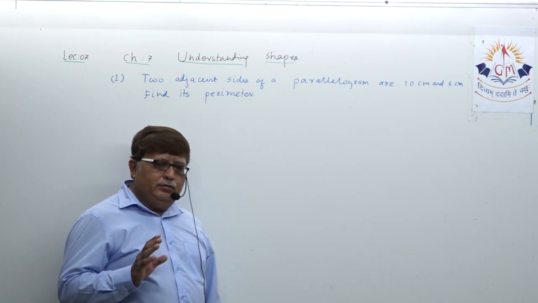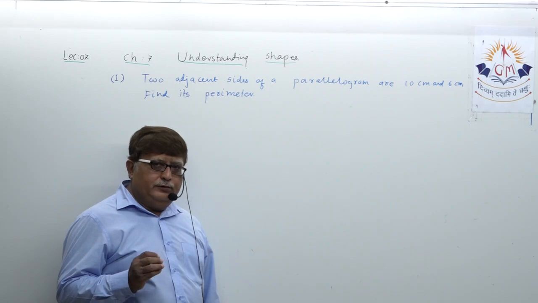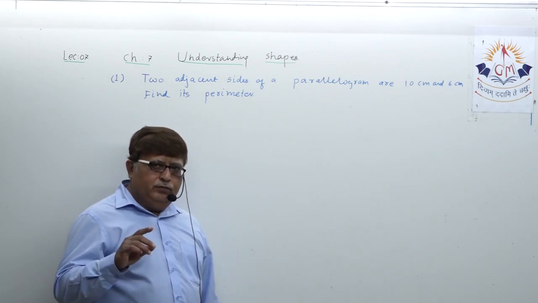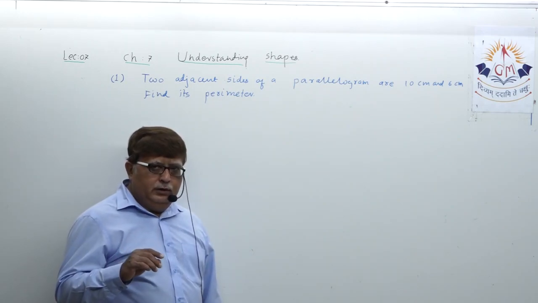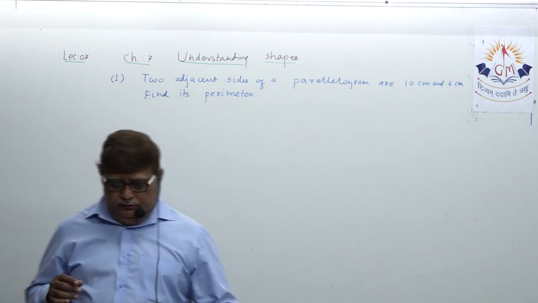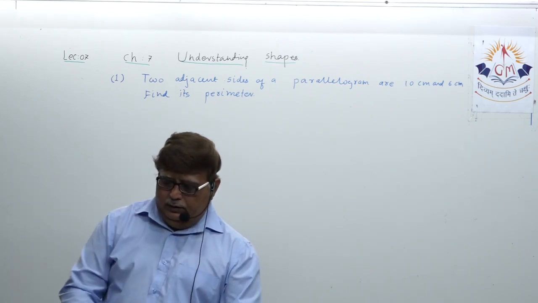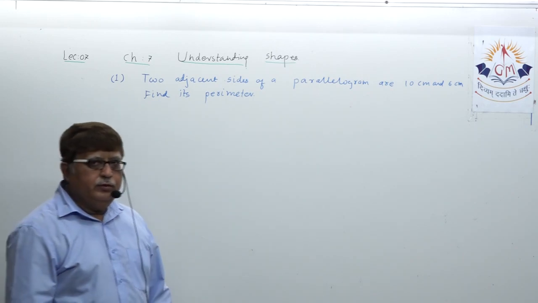This is the statement given to us. Dear student, you have the concept clarity now. What is perimeter? Sum of all sides. Understood? Because I have seen students not clear regarding this concept.